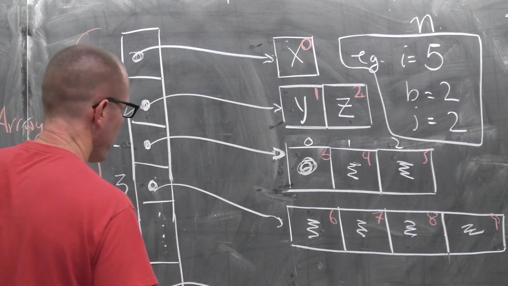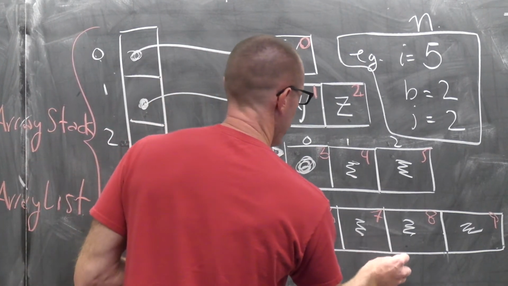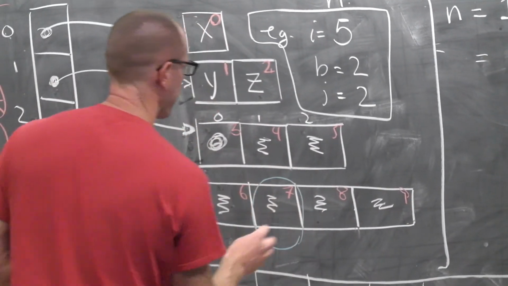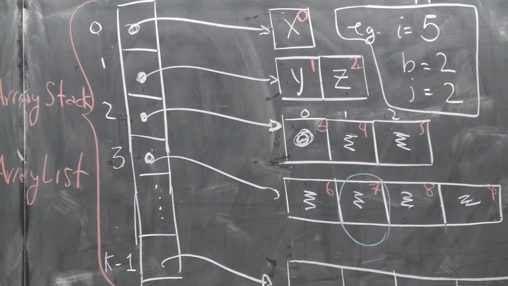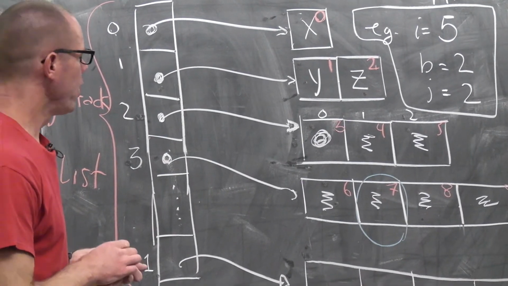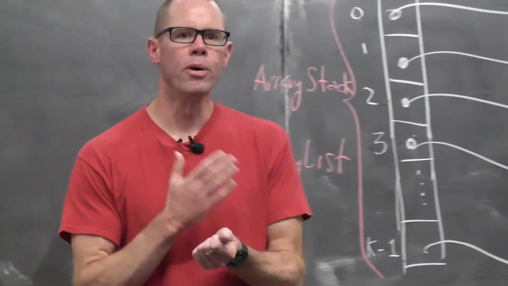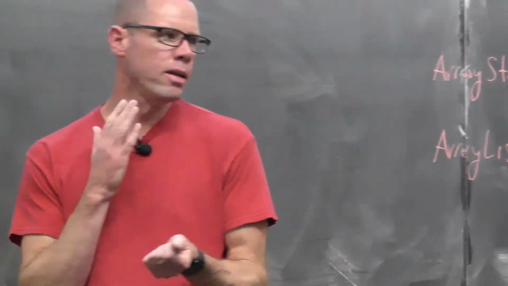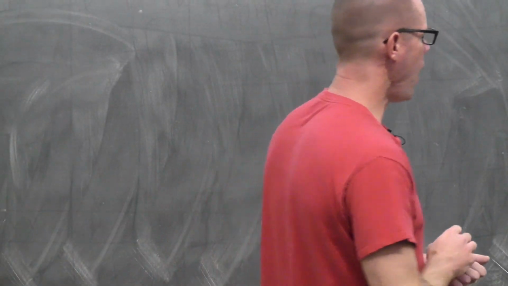Okay? So I know by looking at this picture that this is the one that I'm looking for. So at index 7, there's 8 elements up to and including that index. The things at indices 0, 1, 2, 3, all the way up to 7.